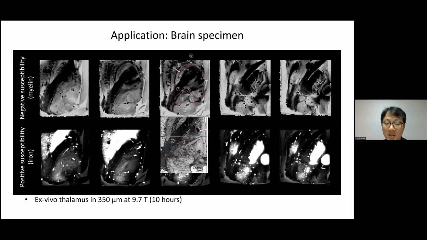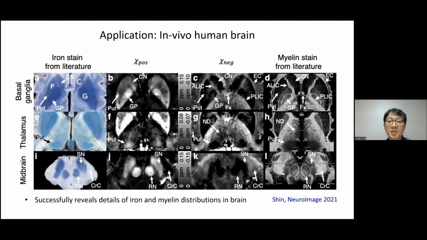If you look at the details of the structures, it's quite exciting that you can see great detail of the thalamic nuclei that matches the histology result of myelin stain. That's another very exciting result, that you can use the technology for uses you may be excited about. And when it comes to in vivo, you can see a lot of similarity between our chi separation result and the literature images of iron stain or myelin stain.